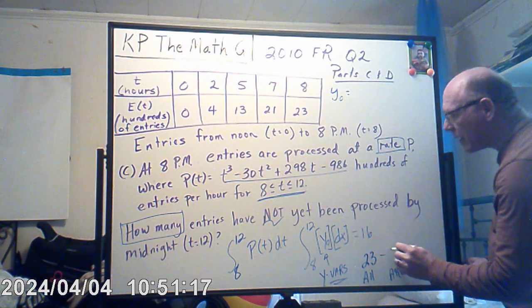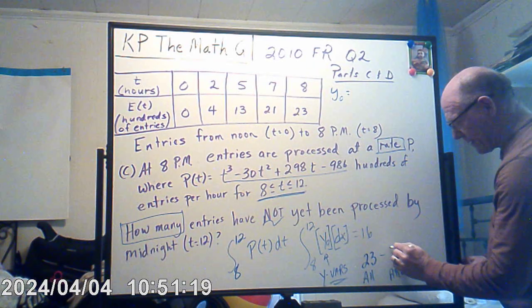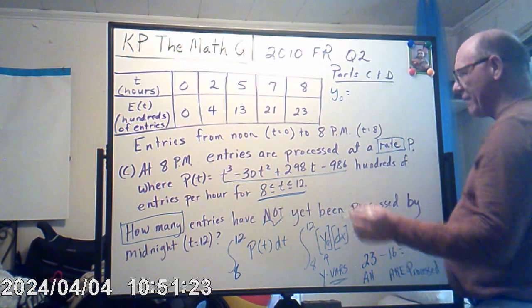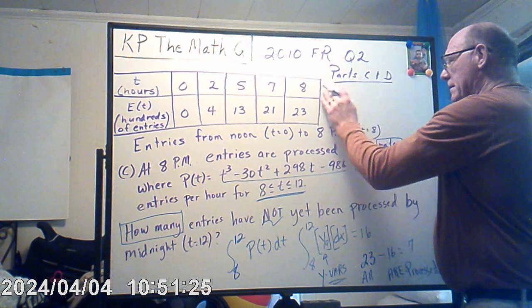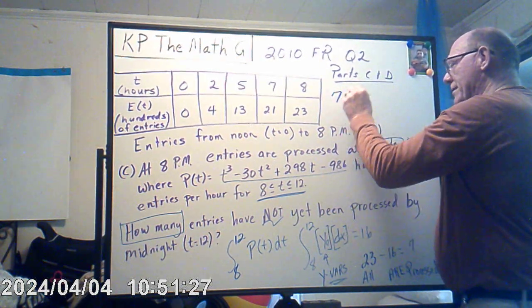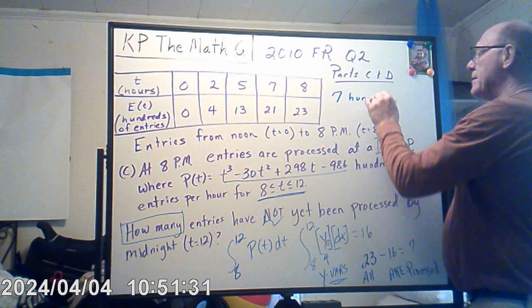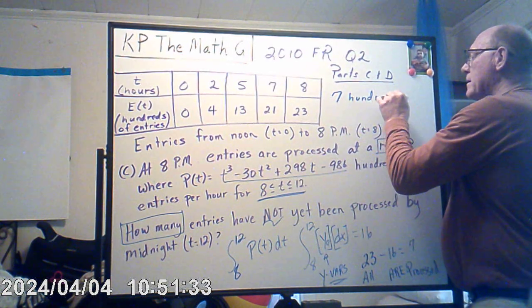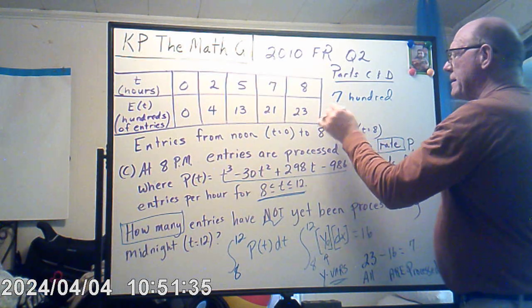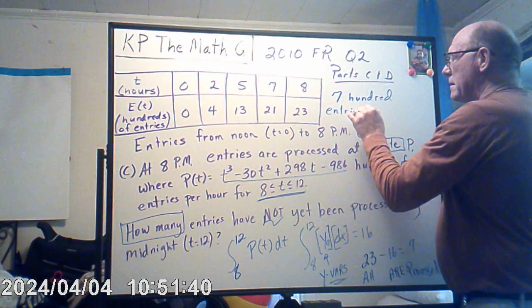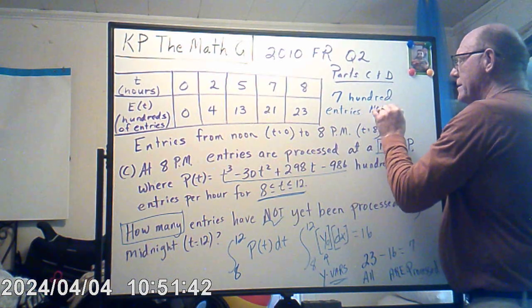This is 16, so you're going to get 7, that's 7 hundreds, so I'm going to put the answer right here: 7 hundreds entries that are not yet processed.